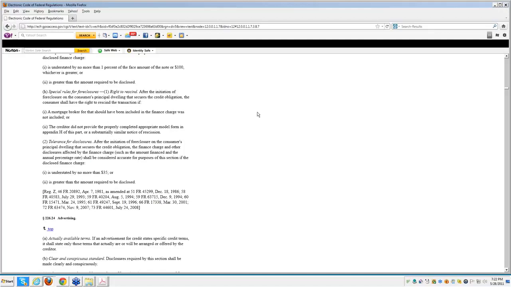After the initiation of foreclosure on the consumer's principal dwelling that secures the credit obligation, the consumer shall have the right to rescind the transaction if: one, a mortgage broker fee that should have been included in the finance charge was not included, or two, the creditor did not provide the properly completed appropriate model form from appendix H of this part, or a substantially similar notice of rescission.